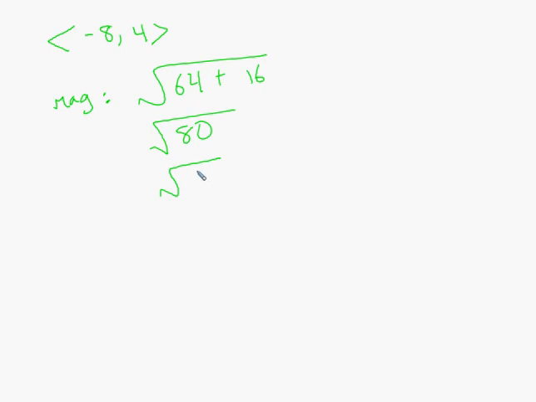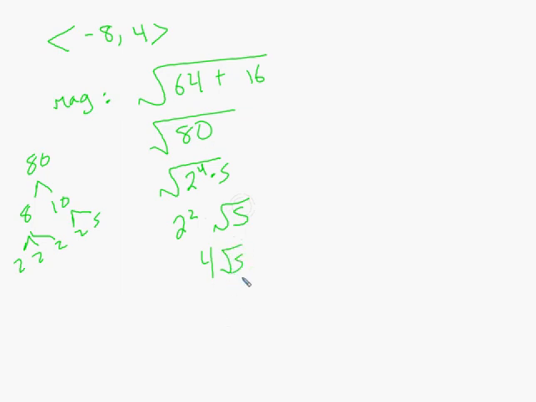Let's see here. Just leave this. 8, 10. 8 is 3 2's. There's 2 and 5. So it's 2 to the 4th times 5. So I get 2 squared. You remember doing that? 4 root 5. Alright, so that is my magnitude. So that's the magnitude of this.